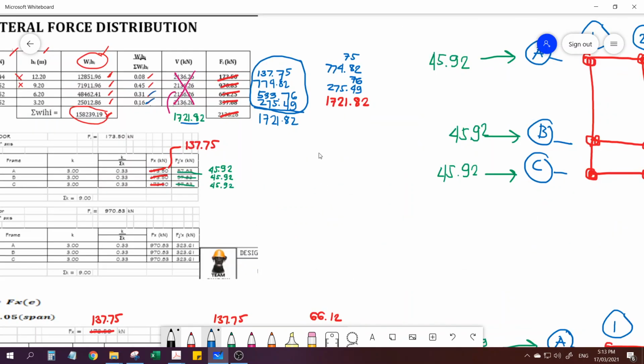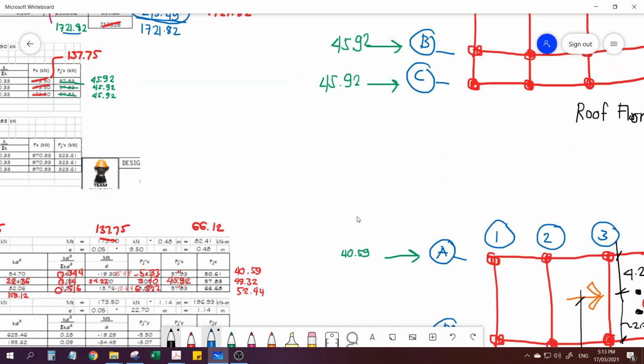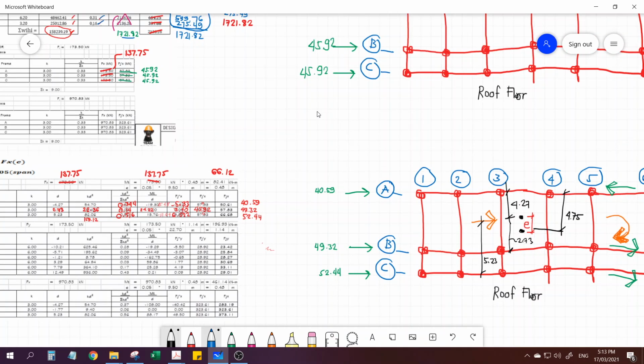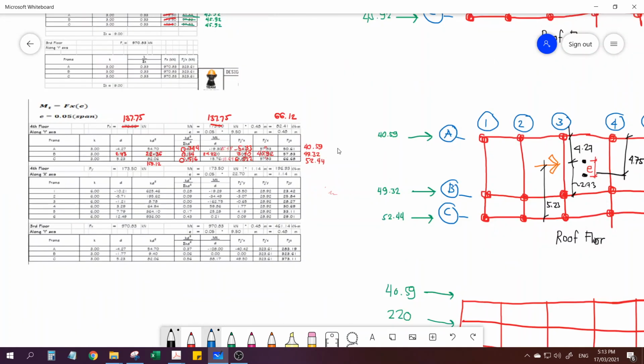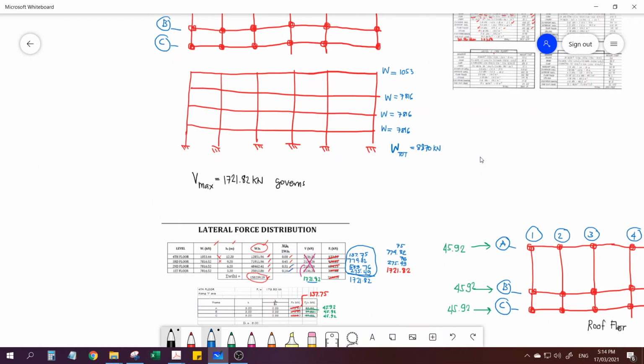So, you can imagine that as our building. We're saying that yung 1721.82 na base shear will be distributed vertically per floor.